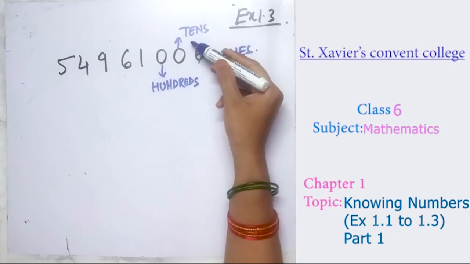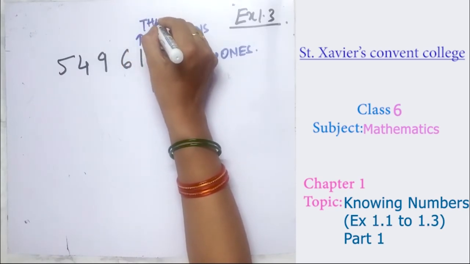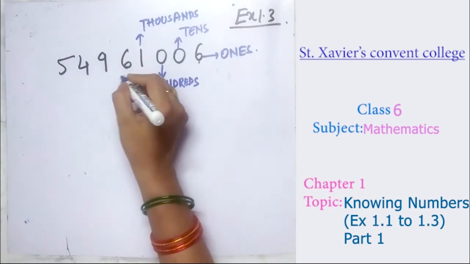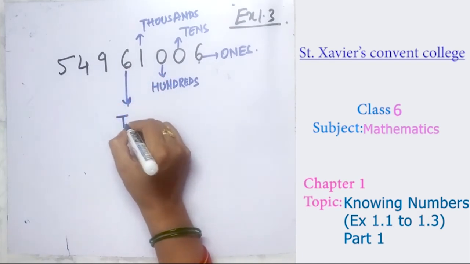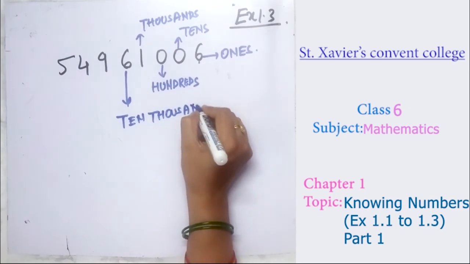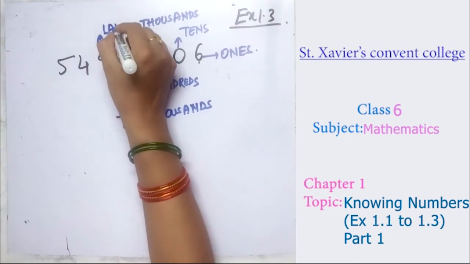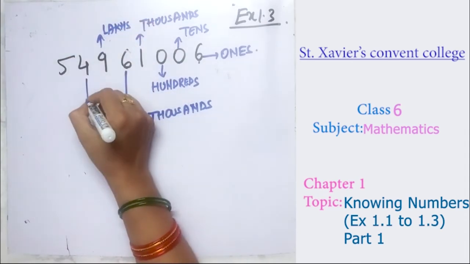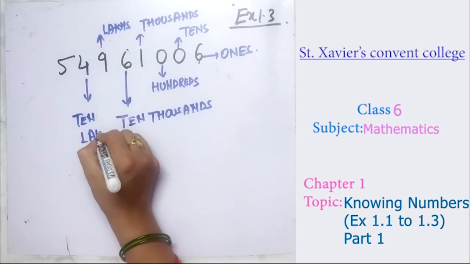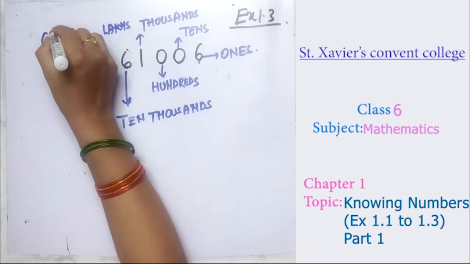this is thousands, this is 10,000, this is lakhs, this is 10 lakhs, and finally, in exercise 1.3, that is crore.